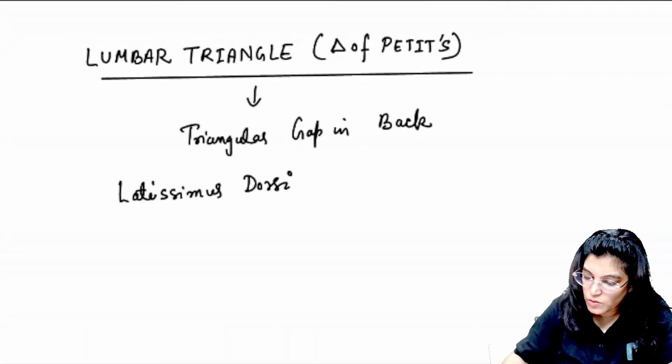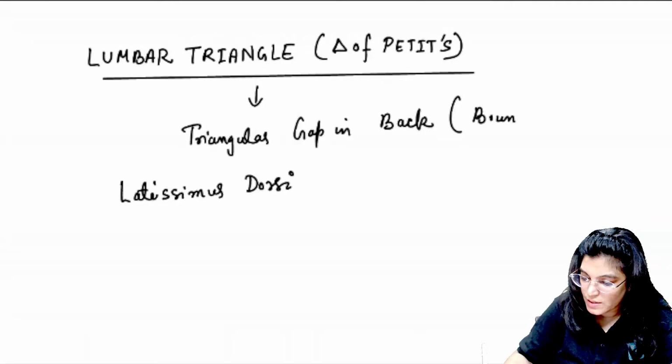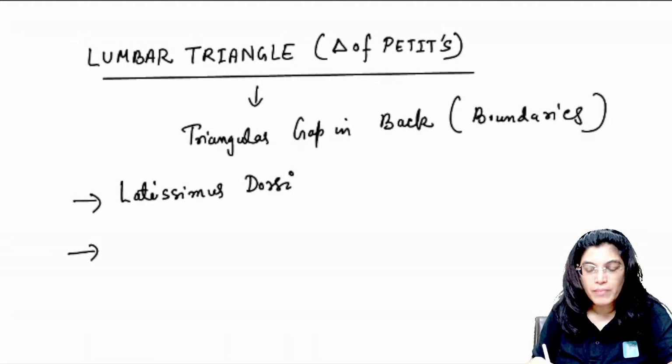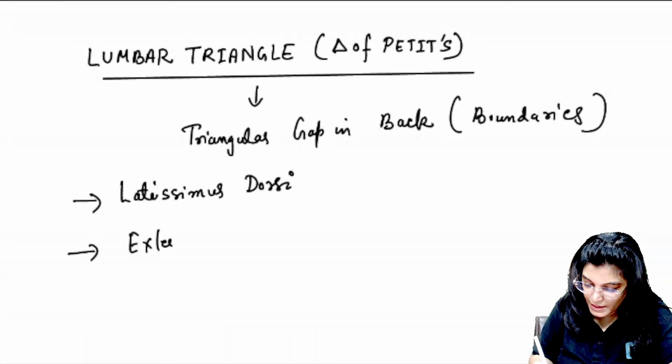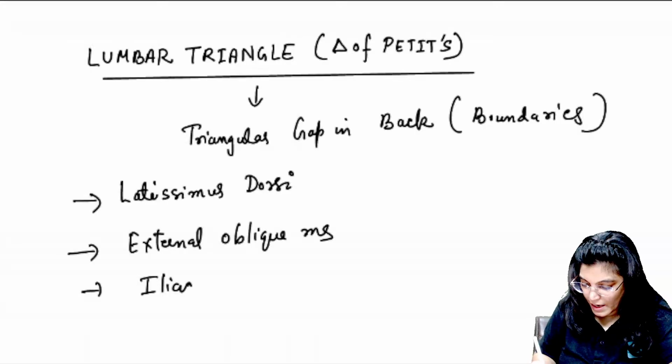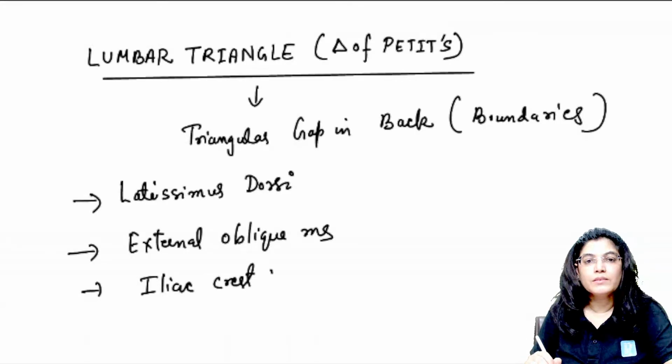It is bounded by the latissimus dorsi muscle posteriorly, the external oblique muscle anteriorly, and by the iliac crest below.